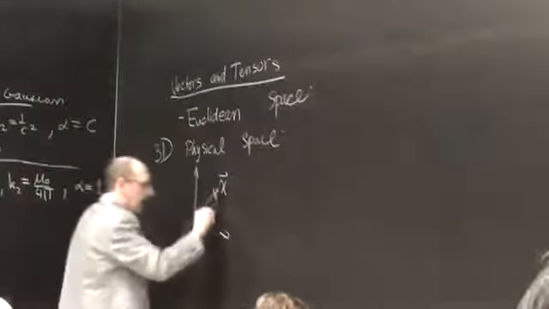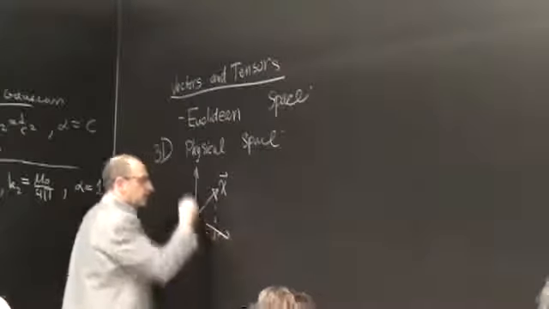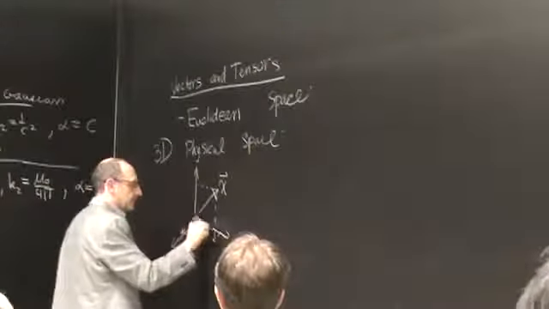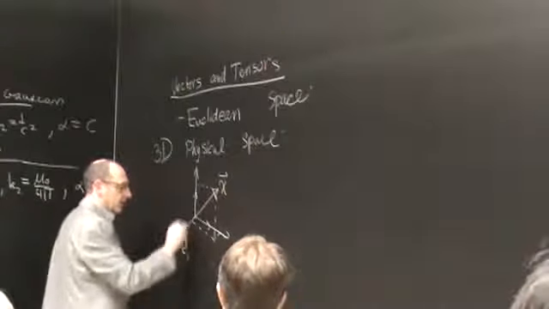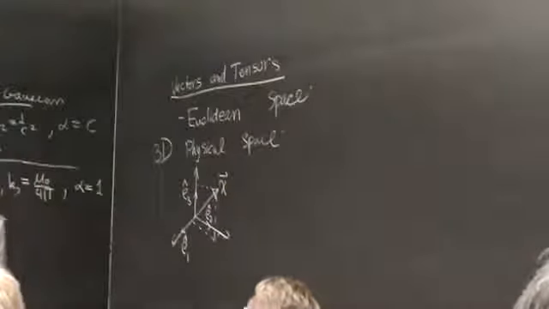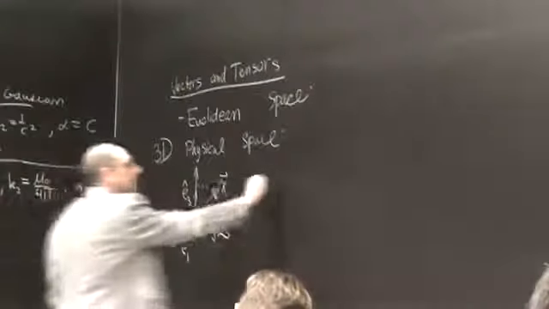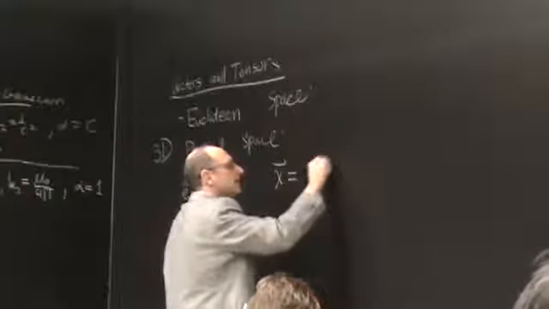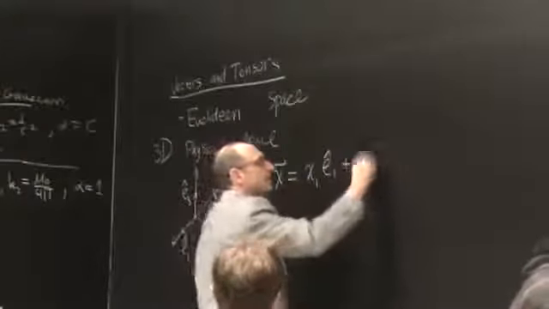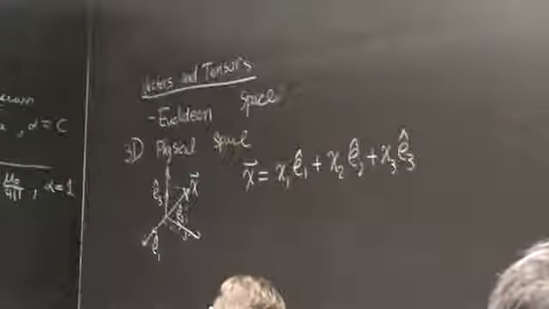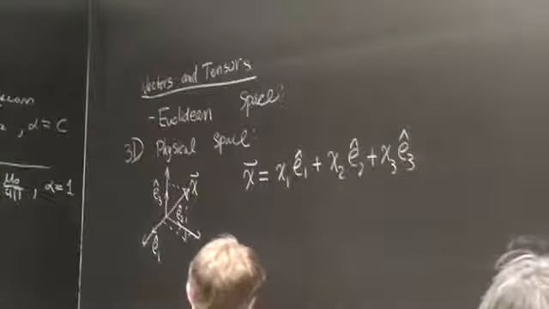And that has some representation in terms of a basis. So we have basis vectors, I'll call E1, E2, and E3. They're unit vectors. And because this is a basis, we can expand our position in terms of these basis vectors with coordinates x1, x2, and x3.